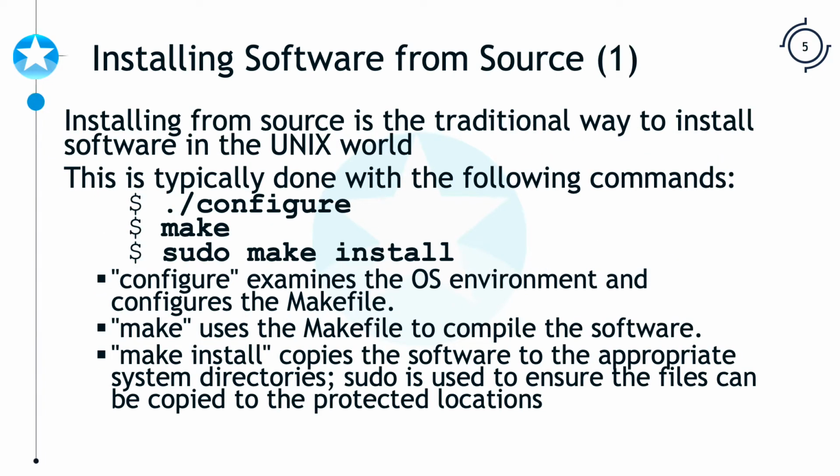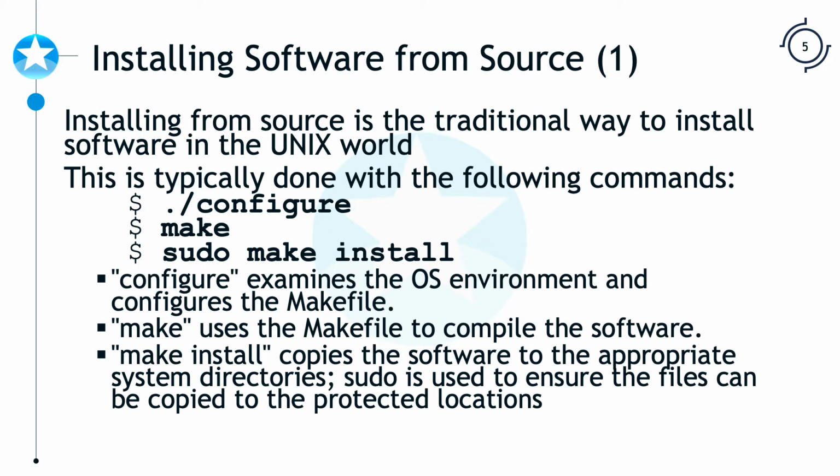To install software from source, I'm going to first extract the source, and then we're going to use a series of commands. We'll use the ./configure, and that's going to configure our make file. We'll then use make to actually compile and build the software, and then make install.